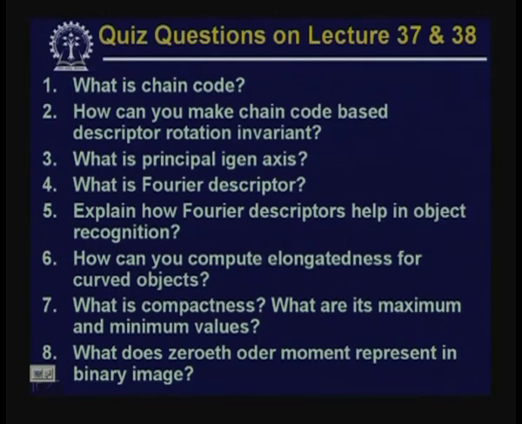Fourth question, what is Fourier descriptor? Fifth question, explain how Fourier descriptors help in object recognition. Sixth question, how can you compute elongatedness for curved objects? Seventh question, what is compactness? What are its maximum and minimum values? And the last question, what does 0th order moment represent in binary images?